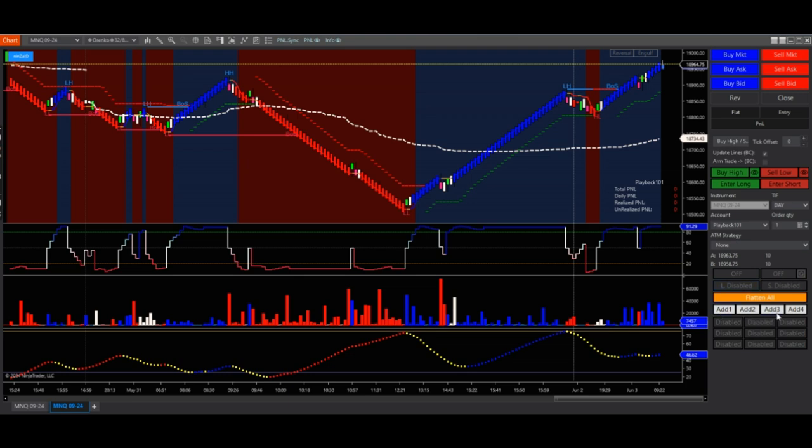I also have these add-ons. Once I get into a trade, I can move my stop loss to break even or trail. I can also use it so that if the price reverses, it automatically exits out when I get a reversal candle, or it enters into a trade if it reverses. So there's a lot of flexibility, a lot of options here that I can use to manage my trade.